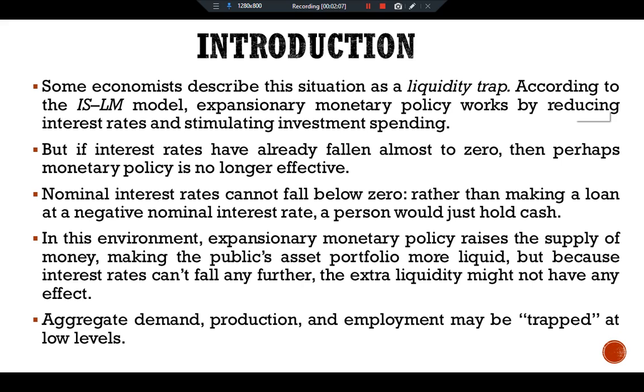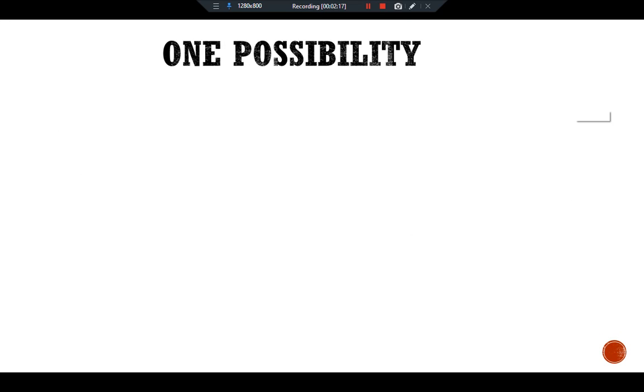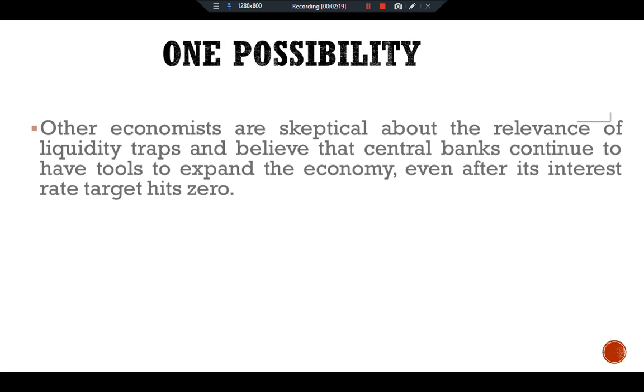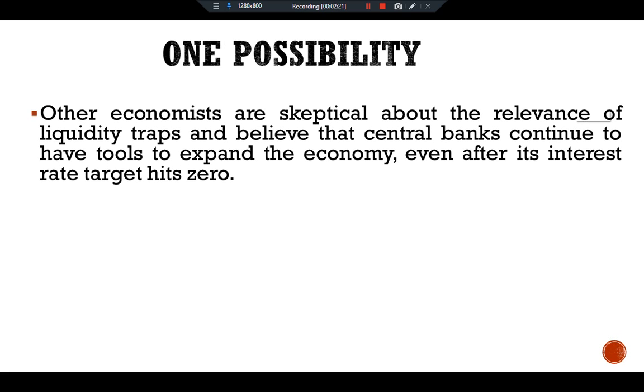While talking about the liquidity trap, here we have some possibilities. One possibility is that some economists are skeptical about the relevance of liquidity traps and believe that central banks continue to have tools to expand the economy even after the interest rate target hits zero.